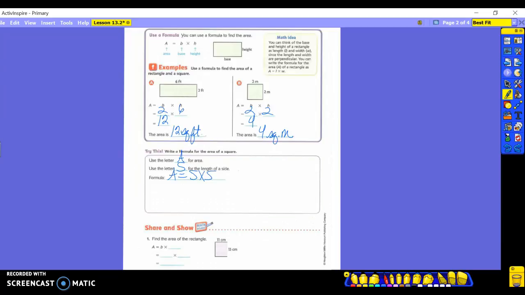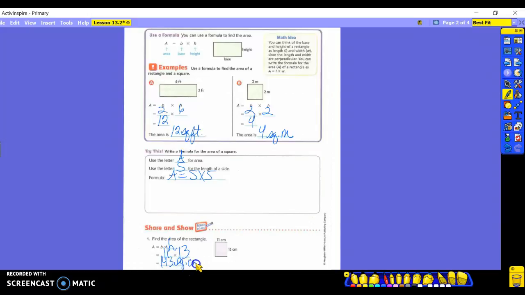Let's talk about the share and show and what you filled in here. Fred, what did you do for number 1? All right, so an H should be filled in the first one. And then what are you doing? So he wants the base to be 11 and the height to be 13. And then when you did that, what did you get? Not just 143.